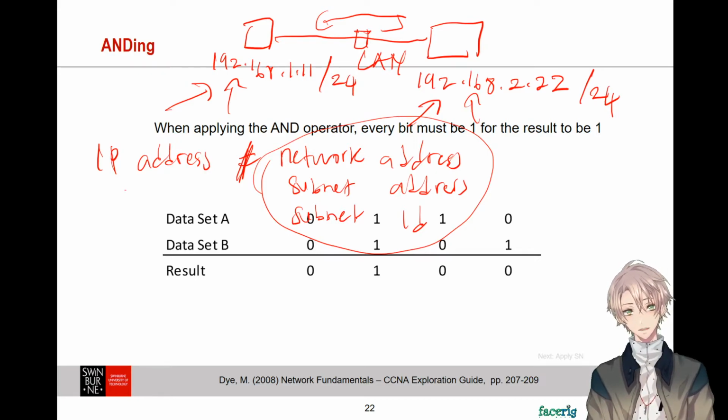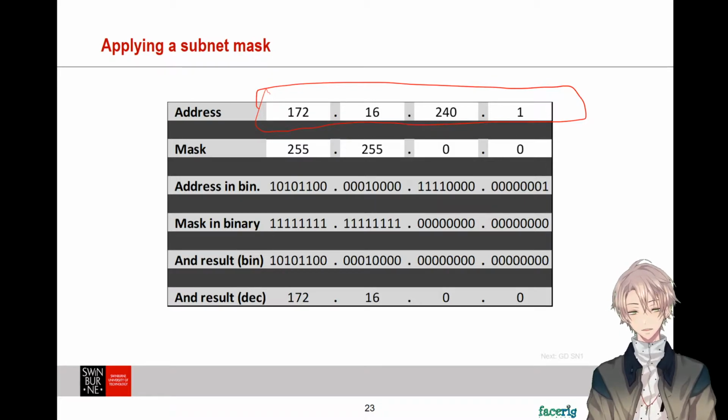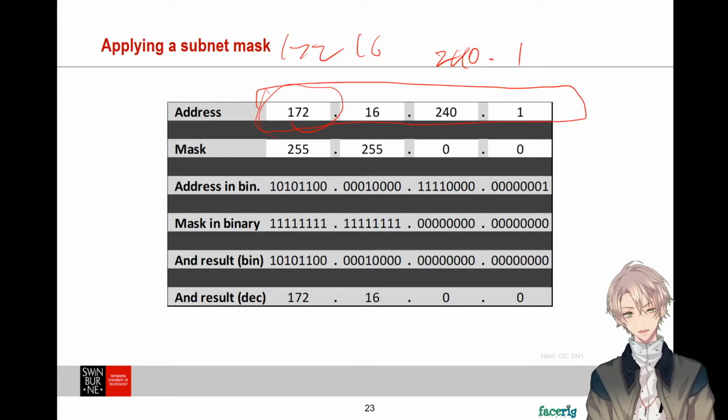How do you find out whether this IP address and this one are in the same network or not? We use the ANDing method, which is something like this. As you can see over here, we have the IP address on top, 172.16.240.1. We change these addresses to binary. That's the first step.